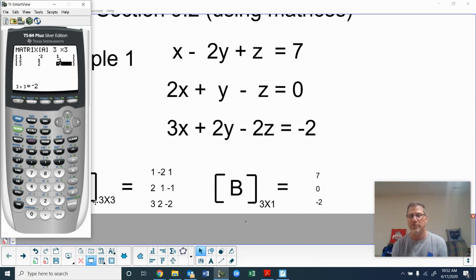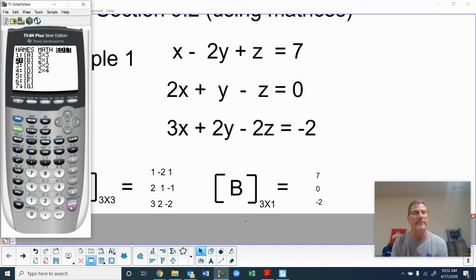Now, in order to put the B matrix in, I have to get out of the matrix editing for a second. So I hit second quit, second mode, quit is above mode. That gets me out of the matrices, and then I go right back in. I hit second X inverse for the matrix, left arrow once for edit, and then go down 1 for 2 to do our B matrix.